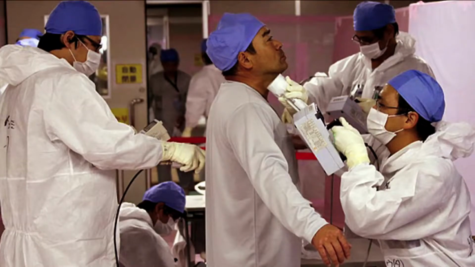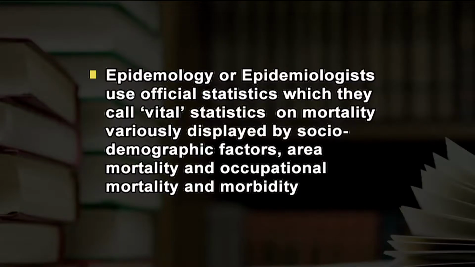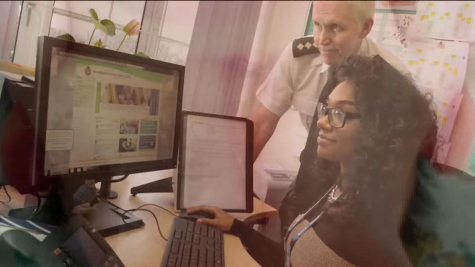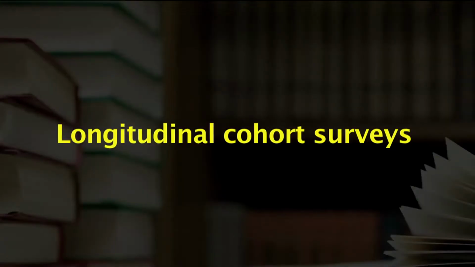Now, looking into research using documents, epidemiologists use official statistics, which are also called vital statistics, on mortality displayed by socio-demographic factors, area mortality and occupational mortality, and morbidity, in situations like cancer registration and congenital malformations. Now, another way of epidemiological research or survey is called the longitudinal cohort survey.